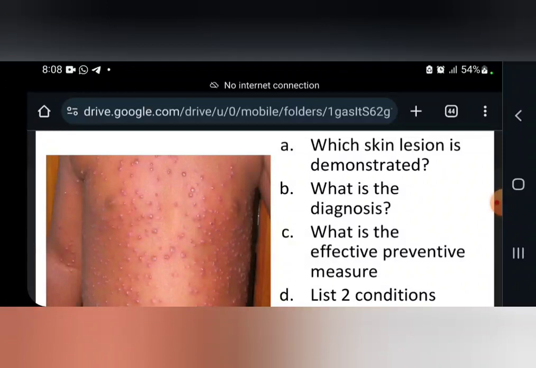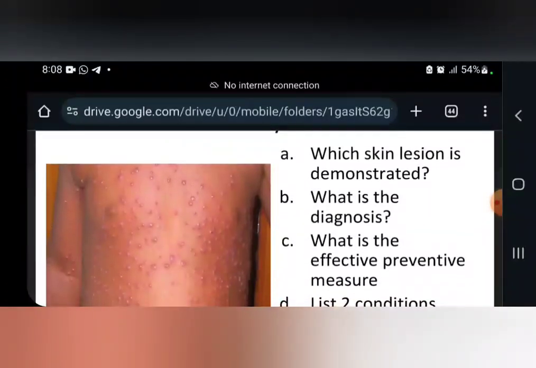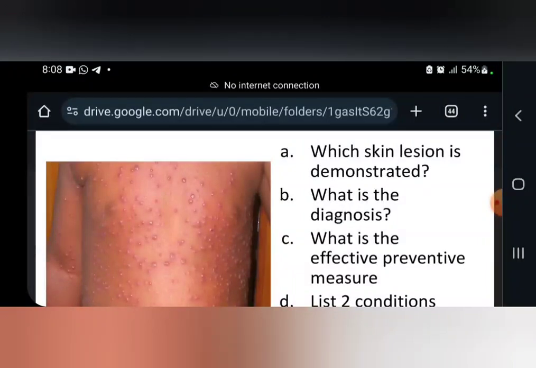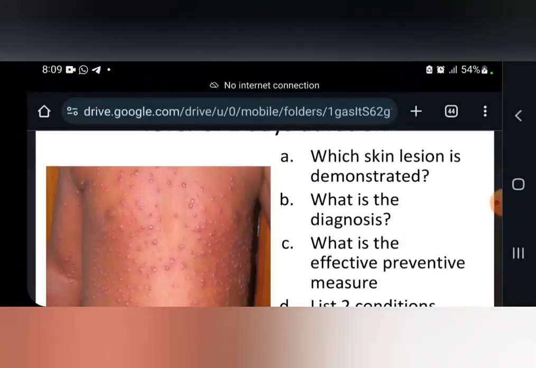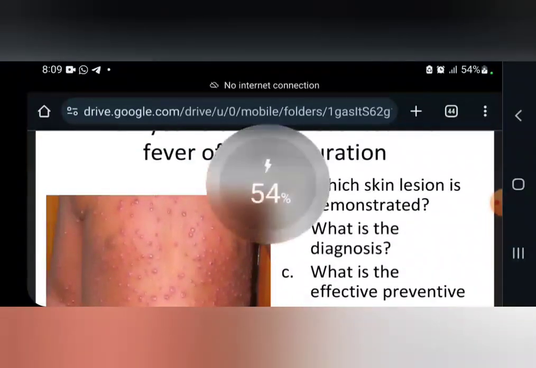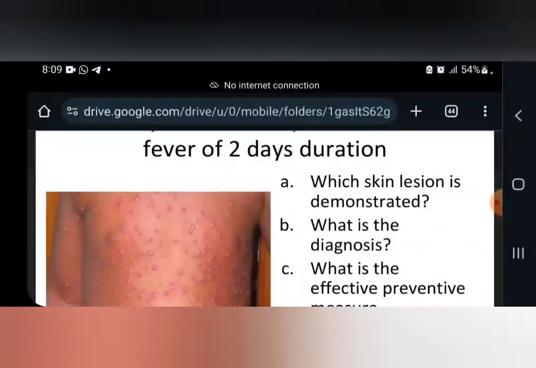Now, a raised lesion with a flat top that is greater than 1 centimeter is called a plaque. But a raised lesion greater than 1 centimeter with a dome top or a circular top is a nodule.